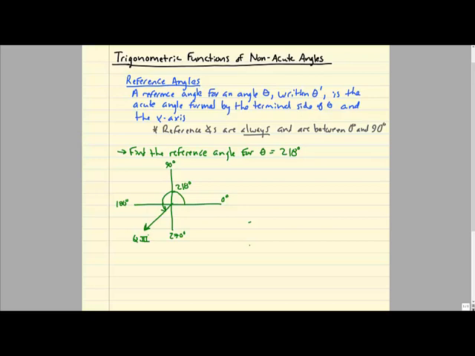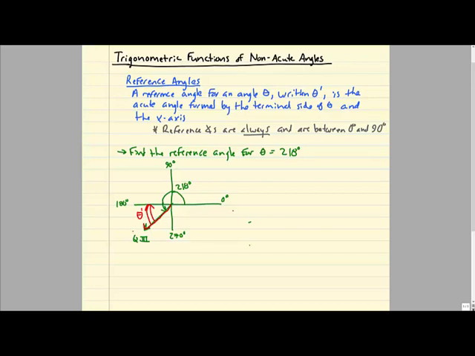Now if we look at the definition up here, it says a reference angle for an angle theta, written theta prime, is the acute angle formed by the terminal side of theta and the x-axis. Well, this is the terminal side of theta right here. So the distance from the terminal side of theta to the x-axis, this is theta prime. How could I figure out what that is?